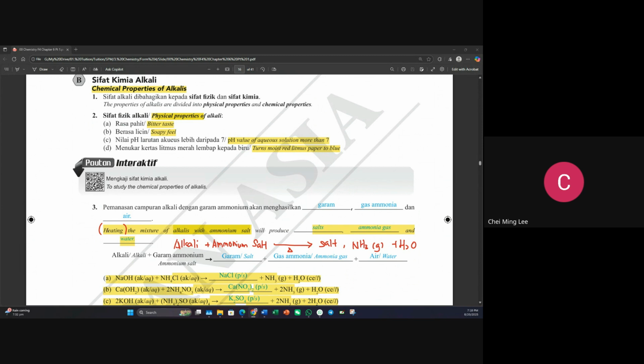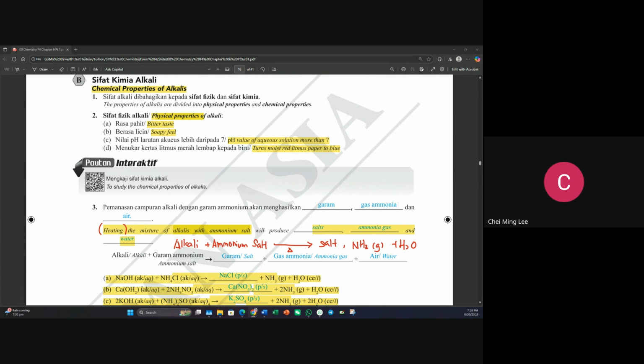Now, the heating of alkali with ammonium salt will produce salt, ammonia gas, and water. Like sodium hydroxide with ammonium chloride will form sodium chloride with ammonia and water.